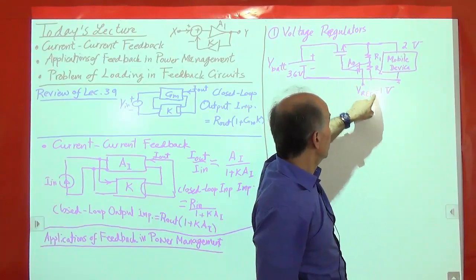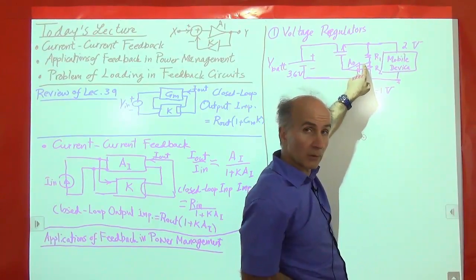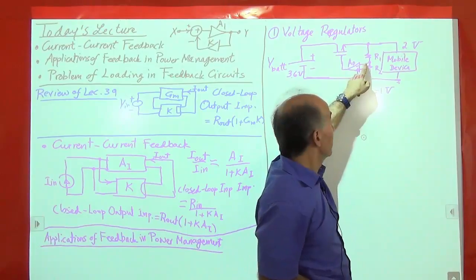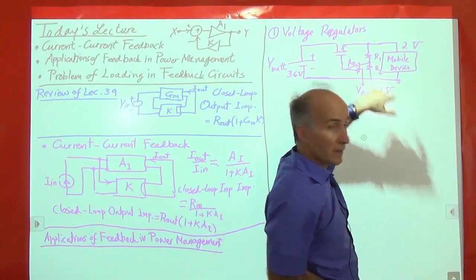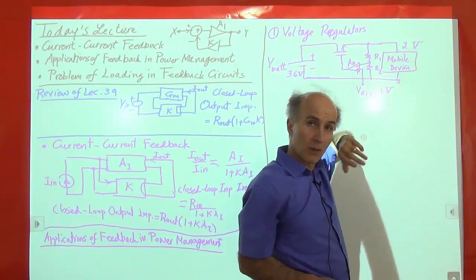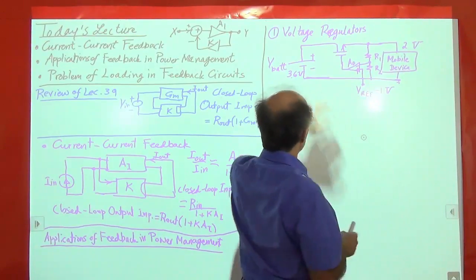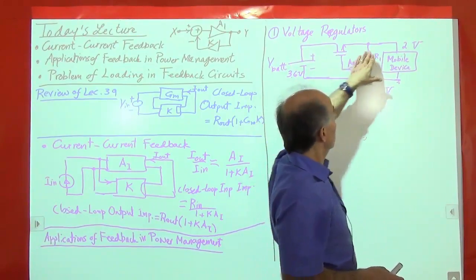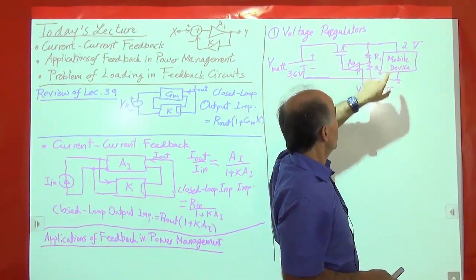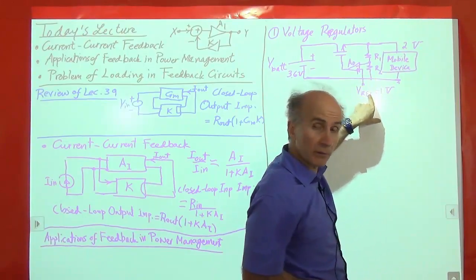So if the input is 1 volt, this is also 1 volt, right? If this is 1 volt, how much is this? Well, these are related by only the ratio of these resistors, so that has to be 2 volts. So no matter what happens, no matter what voltage we have, this goes up and down and so on, this voltage wants to stay at 2 volts because this voltage wants to stay at 1 volt.